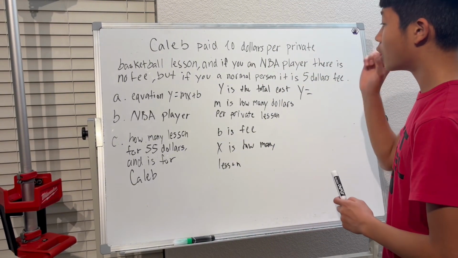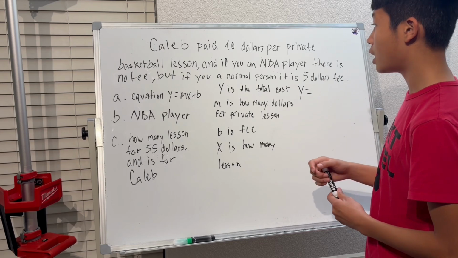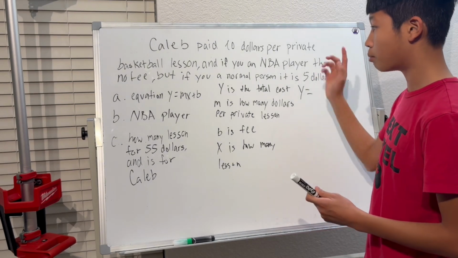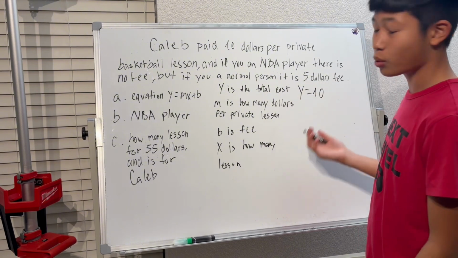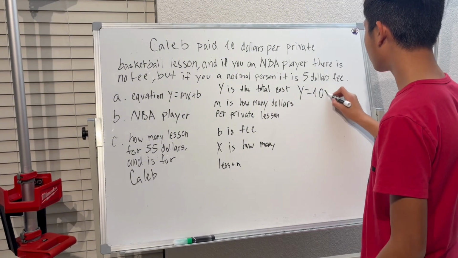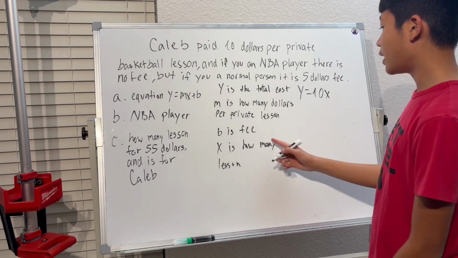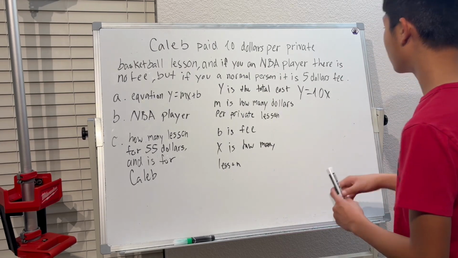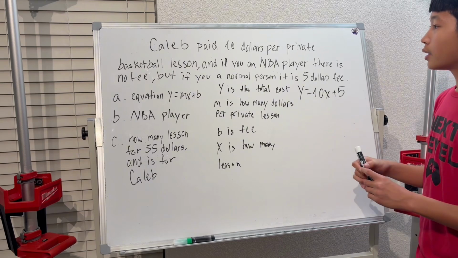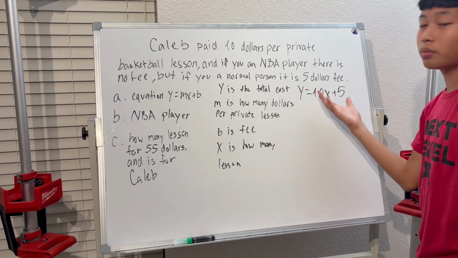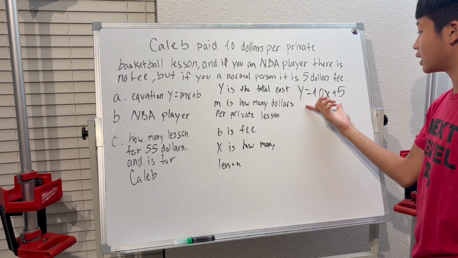So y equals mx. M is $10 per private lesson. We don't know how many private lessons, so we're just gonna write x. Then b, which is the $5 fee, so we add 5 to it. That's how you write all this in slope-intercept form.